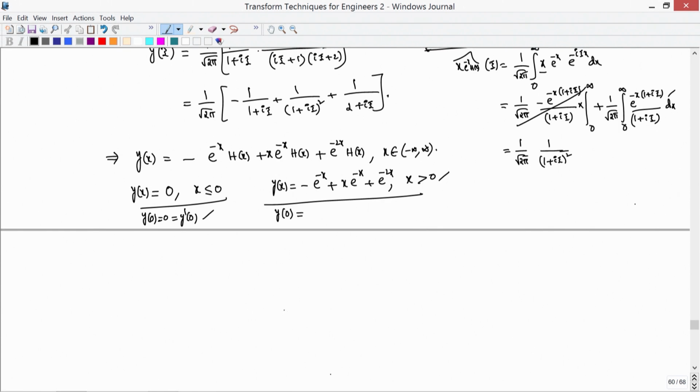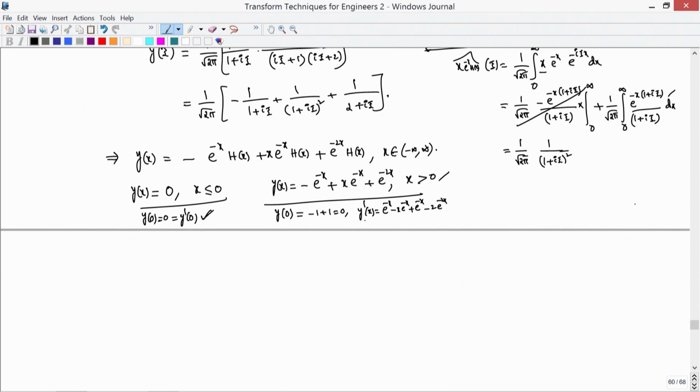One side satisfies these conditions anyway, and the other side you can also easily see: if you put y of 0, this is going to be minus 1 plus 1, which is 0, and y dash of x is e power minus x minus x e power minus x plus e power minus x minus 2 e power minus 2 x.